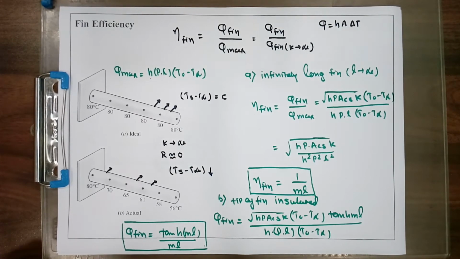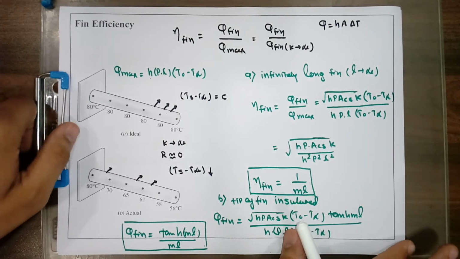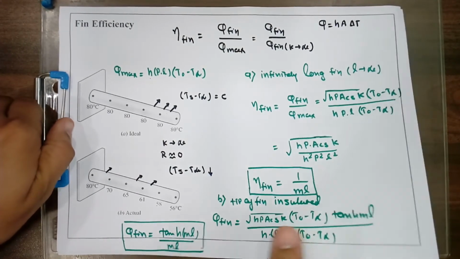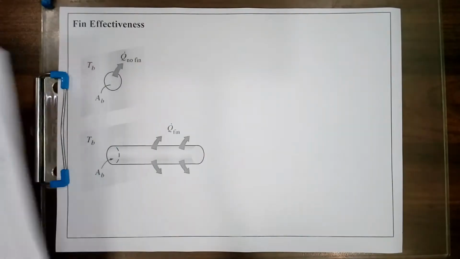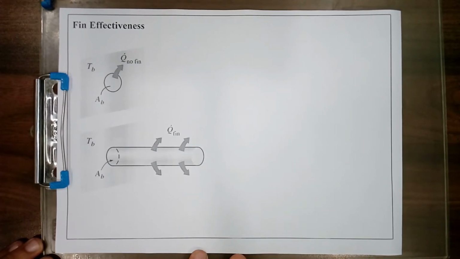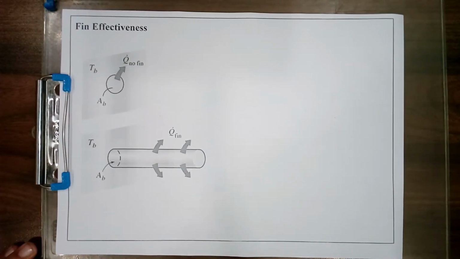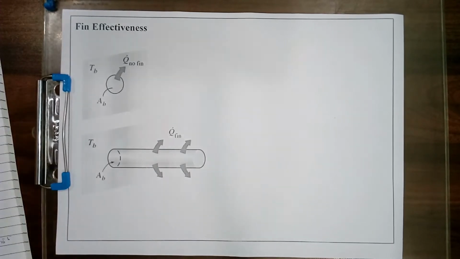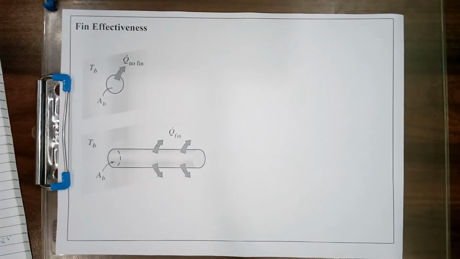Now we are going for another very important performance parameter, that is the fin effectiveness. There are two performance parameters that we discuss, one is efficiency and the second one is effectiveness. When we design the fin, the only purpose is to enhance the rate of heat transfer, and the use of fin on a surface cannot be recommended unless the actual enhancement in the heat transfer is justified.